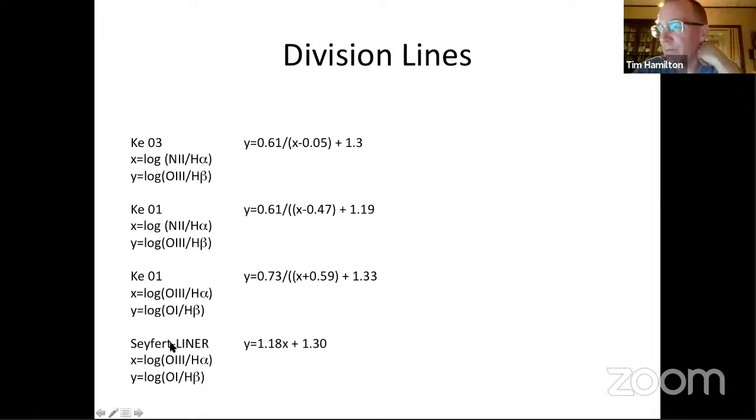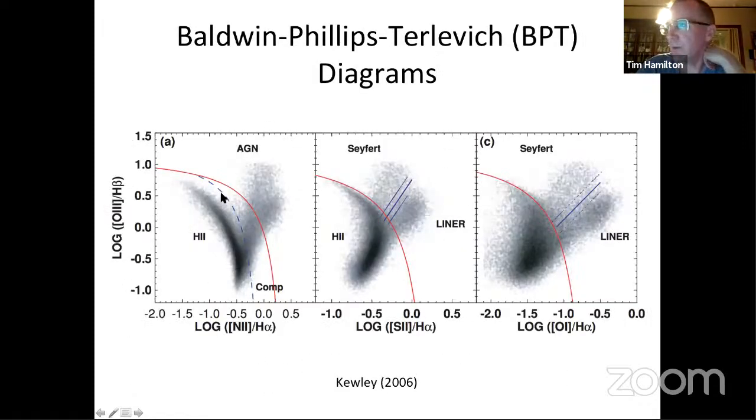And then we also draw the Seyfert-LINER line here. KE3 is the blue dashed line, KE1 is red in each case. And then up here, that Seyfert-LINER division line is this one here, like that. I will say that she says to truncate it a little bit too far over to the right, unless I've just misunderstood her, but it looks like on her own plot, she brings it right down until it touches that red line there.